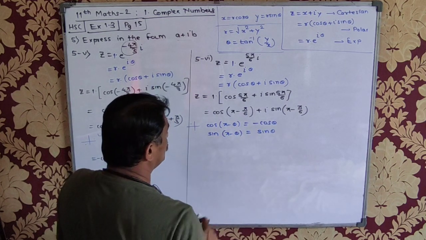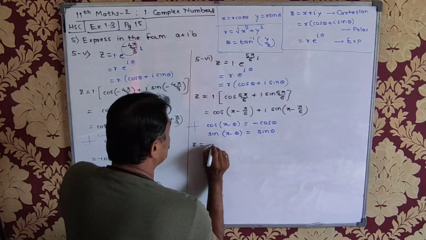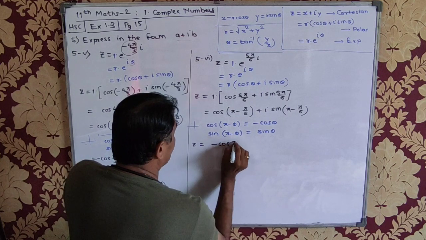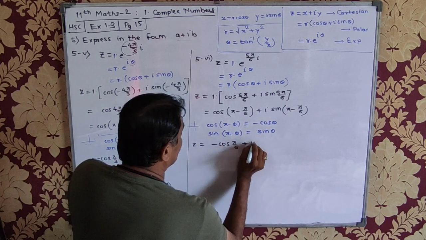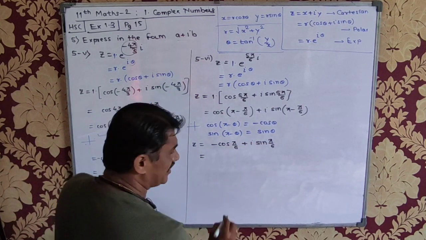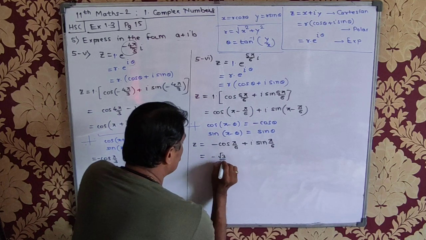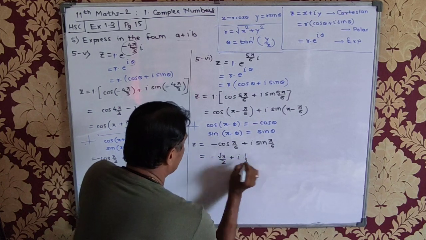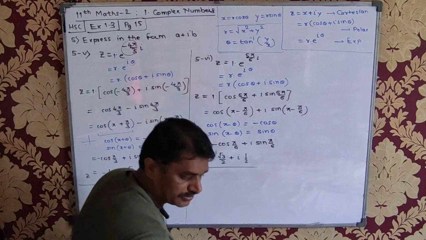So Z is equal to minus cos of pi by 6 plus i times sin of pi by 6. That is equal to minus root 3 by 2 plus i times half. That's the answer.